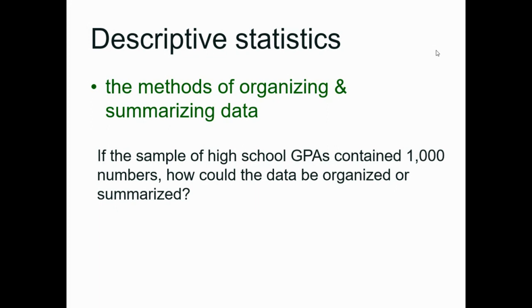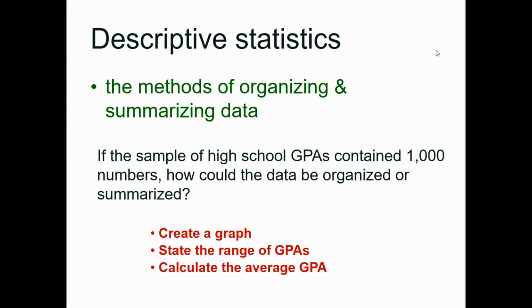No, actually, I think the best way is to do a box plot. So those are different ways you can make graphs. You can also find the range of the GPA, the lowest to the highest, or calculate the average. Those are all different ways that we could organize and summarize the data.